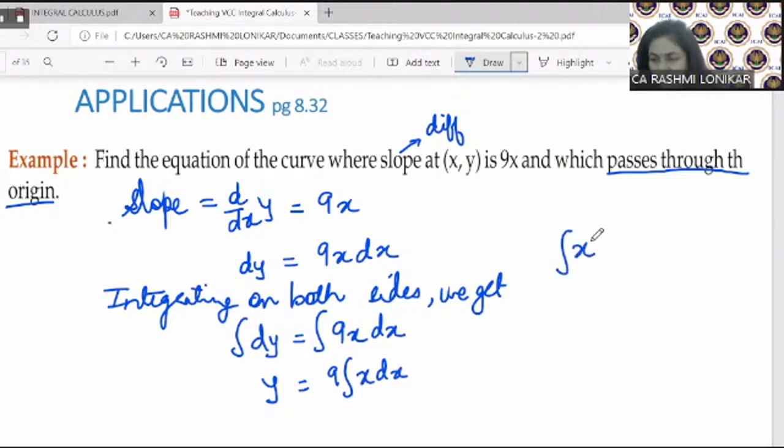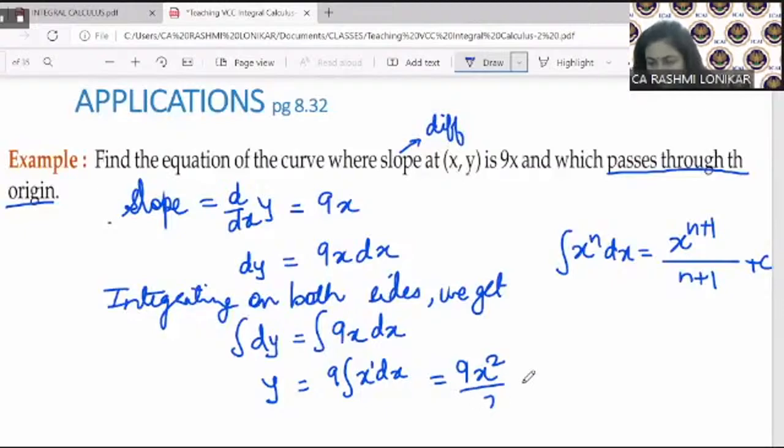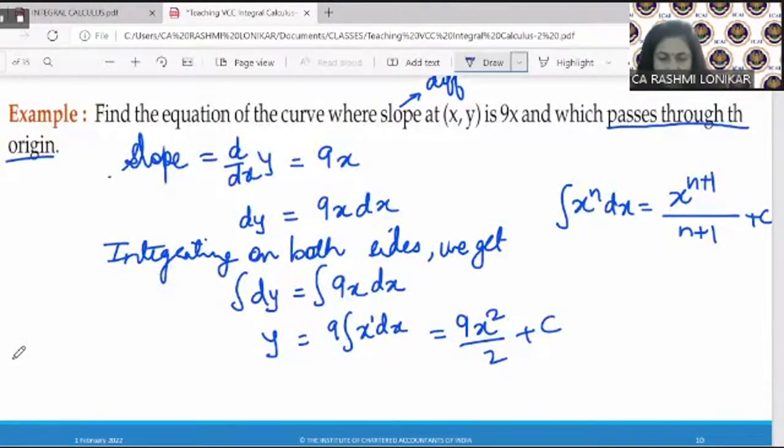We will use integral of x raised to n dx is equal to x raised to n plus 1 upon n plus 1 plus c. So, this will be equal to 9. And how much is it? X raised to? X is raised to 1. So, you will have 9x squared, 1 plus 1, 2 upon 2 plus c. Okay. This will be my equation. But the answer doesn't end over here. What is it saying? This curve passes through origin.